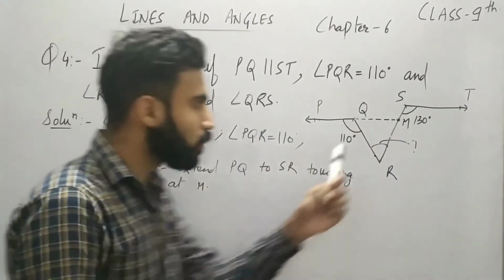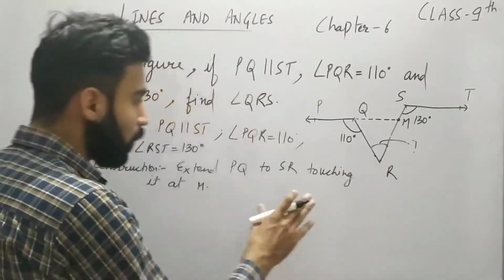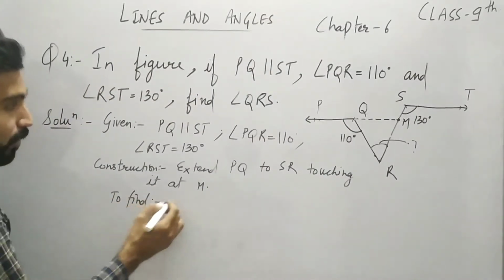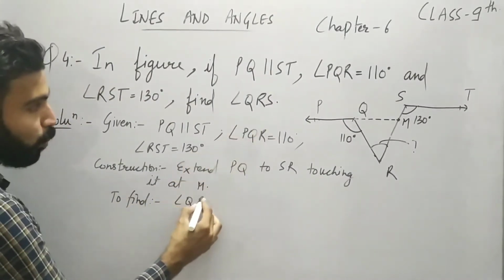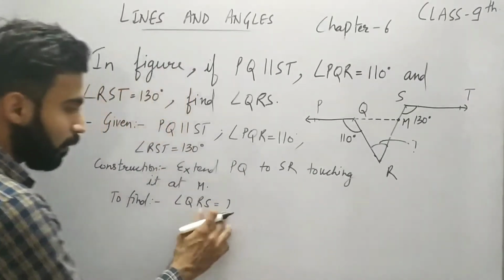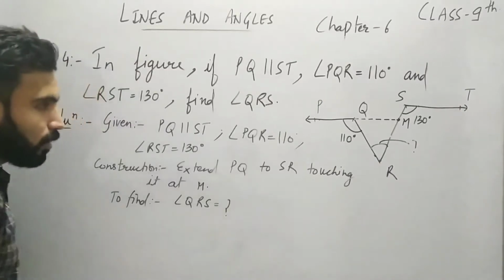So the construction is clear to you now. Now moving further, find out. So to find here is the angle QRS. That is what we have to find out in this question, right?